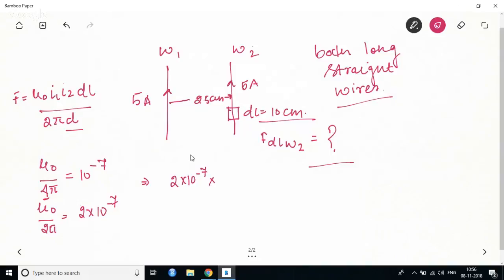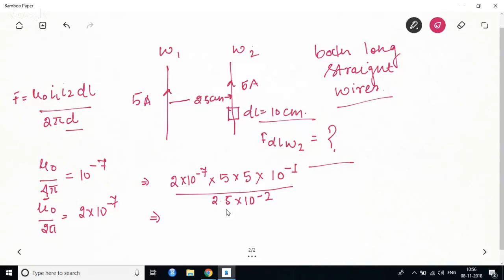So mu naught by 2 pi is done, I1 is 5, I2 is 5, dl is 10 centimeter, it means that it is 10 to the power minus 1 in terms of meter, and this is 2.5 into 10 to the power minus 2.